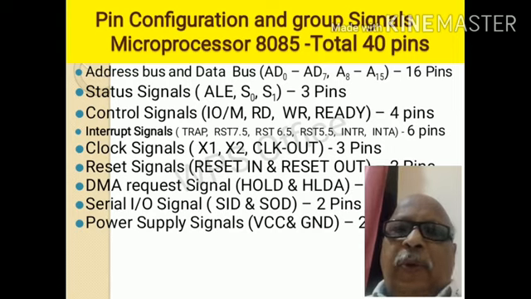Then there is the serial IO signal, that means data is transferred to output devices or data is taken from outside, the serial input or output device, through the SID and SOD lines. These are the 2 pins, SID and SOD.